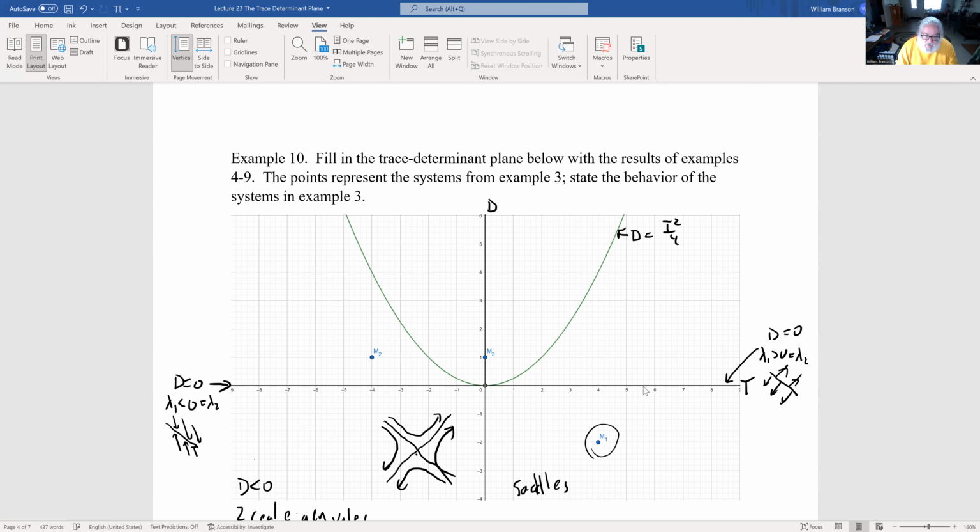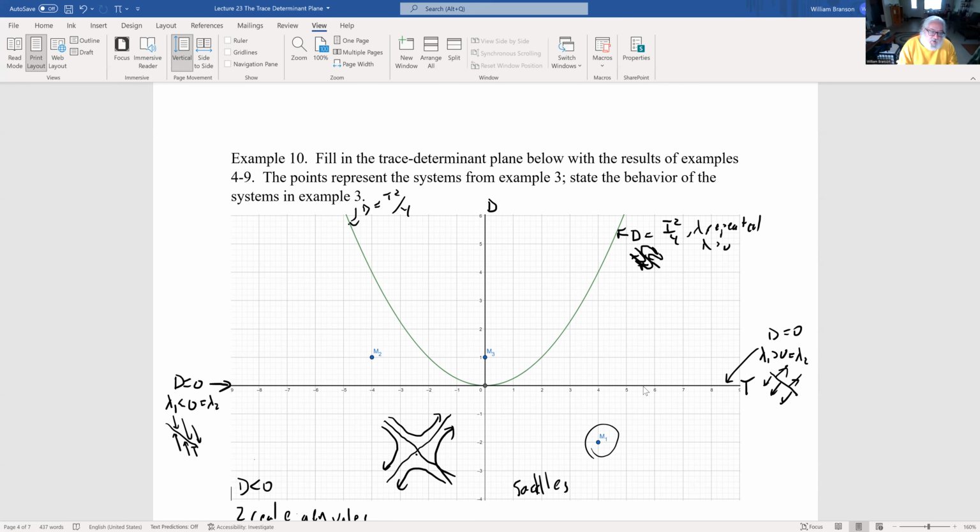And on the positive side, over here, we're going to have a repeated eigenvalue and a positive t, so our solutions are going to look like that. And over here, on this parabola, d equals t squared over 4, over here we just have lambda repeated, lambda greater than 0.